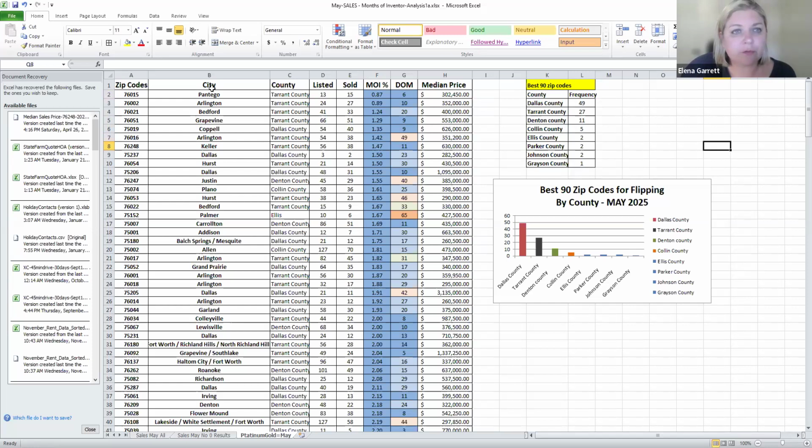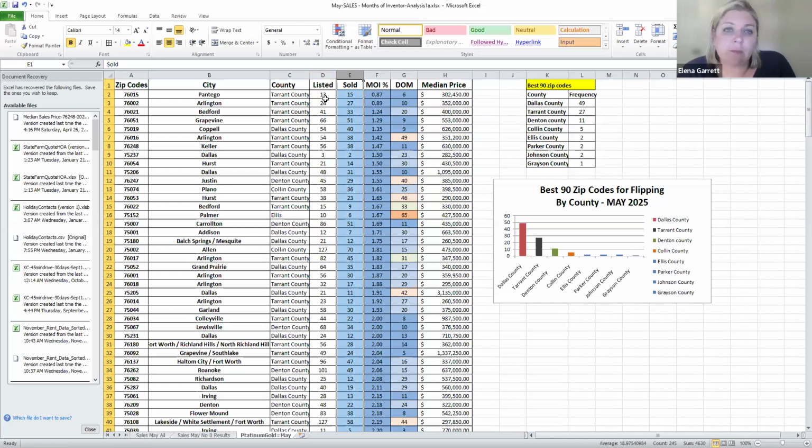We have our zip codes, cities, and the county in which they're located, listed. How many homes were listed for sale, unsold, in that zip code at the time of collection? And the time of collection was actually at the beginning of May of 2025. How many homes sold in the last 30 days for that zip code?